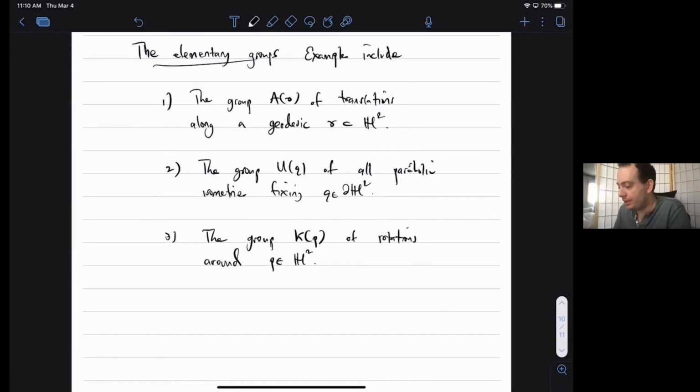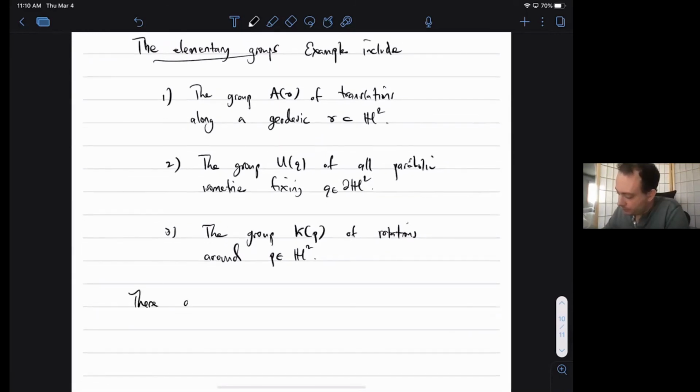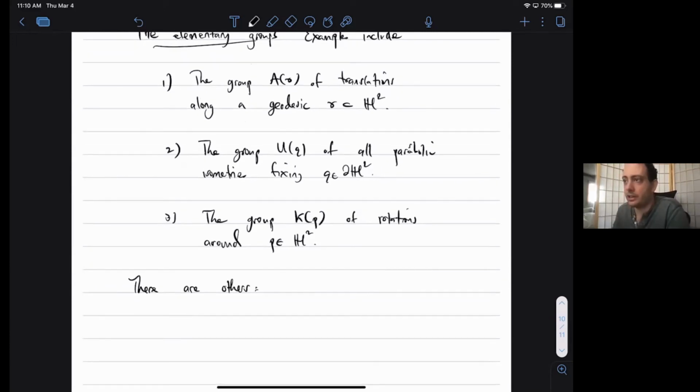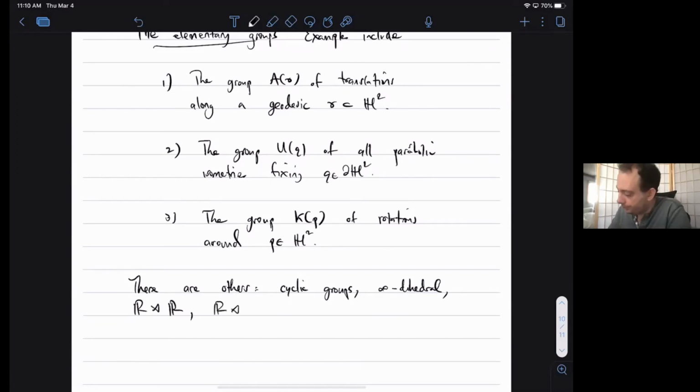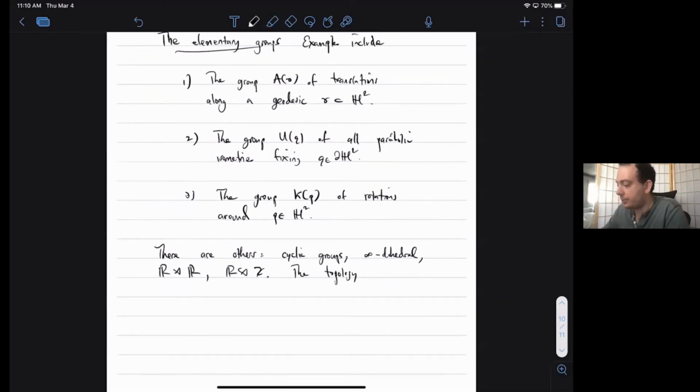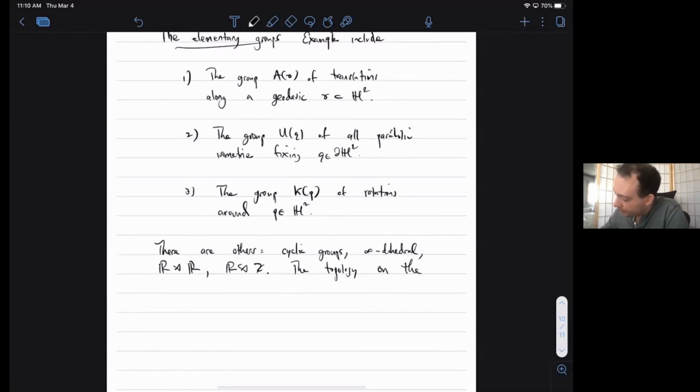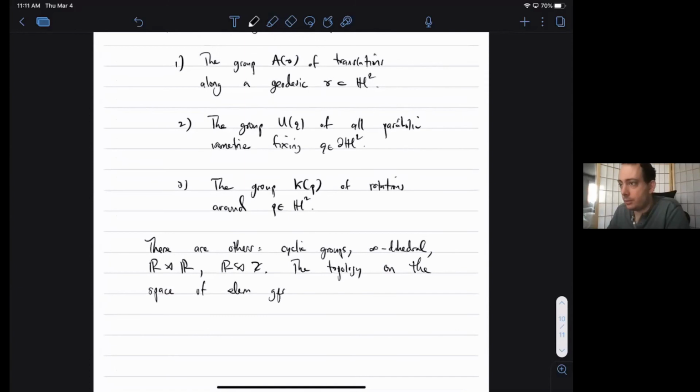And there are some others. I can list all the isometry types: cyclic groups, infinite dihedral groups, groups isomorphic to the affine group R semidirect R, and also ones isomorphic to R semidirect Z. The point is that the topology on the space of elementary groups is completely understood.